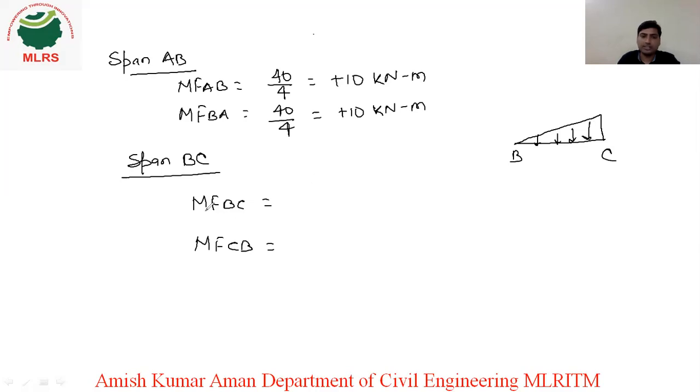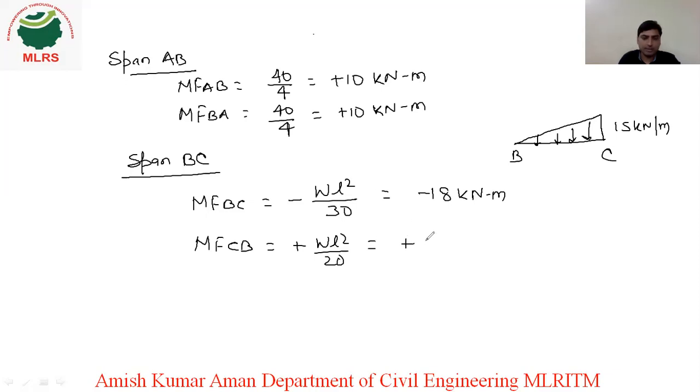So for fixed end moment at B, we will have minus, and that formula will be WL square upon 30, and for C it will be plus WL square upon 20. After calculating, you will get minus 18 kilonewton meter, because this W value is 15 kilonewton per meter, and from here you will get plus 27 kilonewton meter. Now coming to span DC.